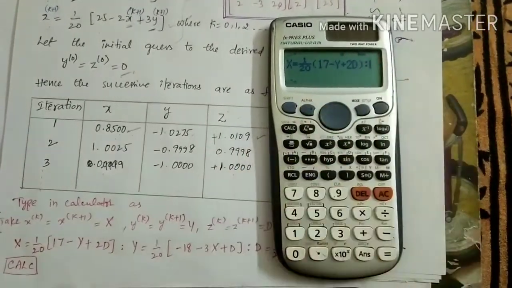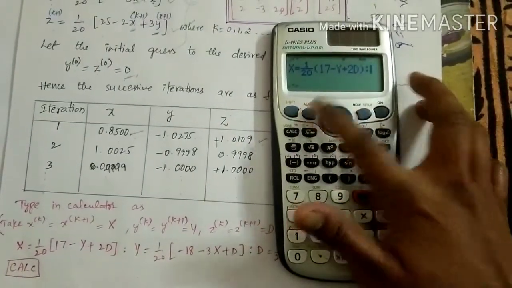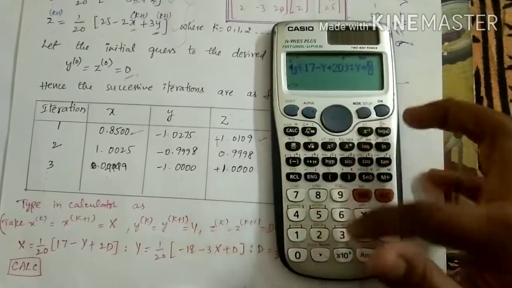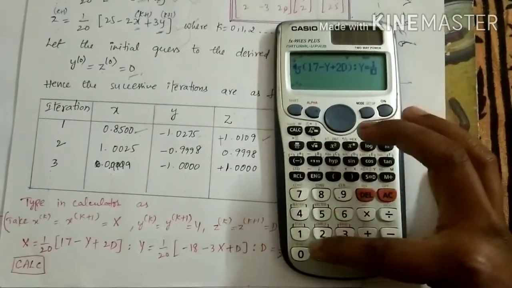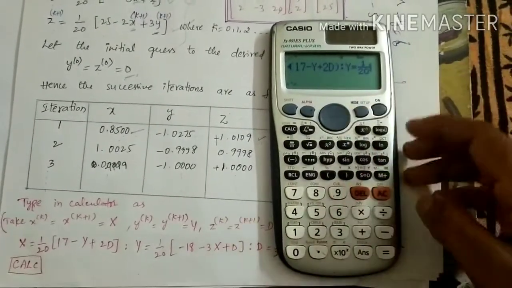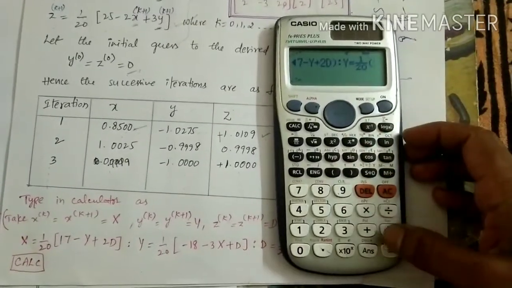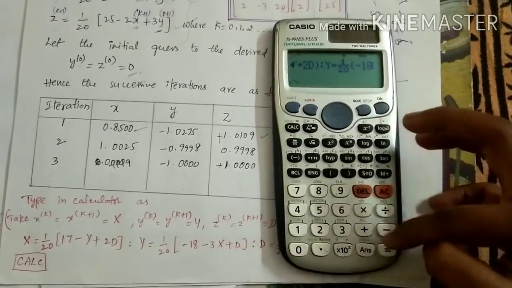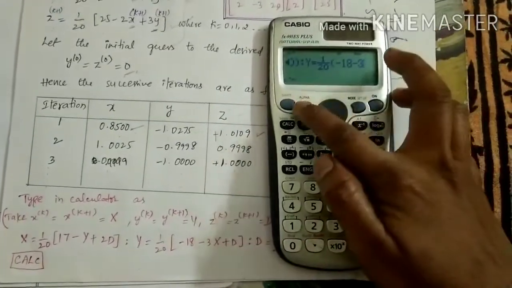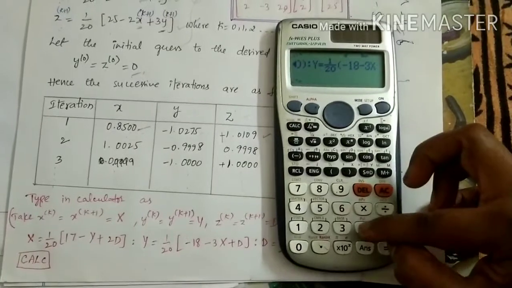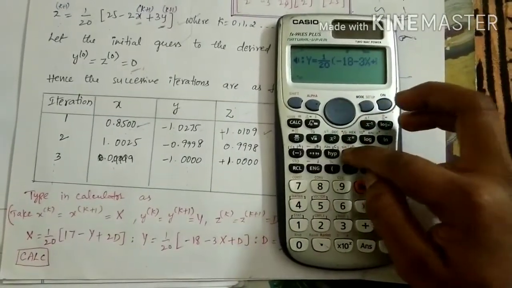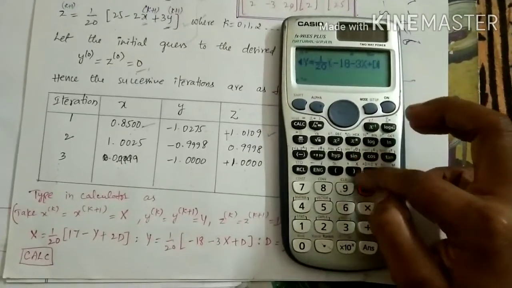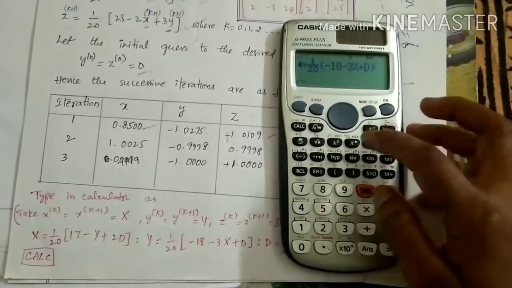Next equation is y equal to, alpha y equal to 1/20 into brackets open, minus 18 minus 3x plus z, which is nothing but d, alpha d, brackets closed.